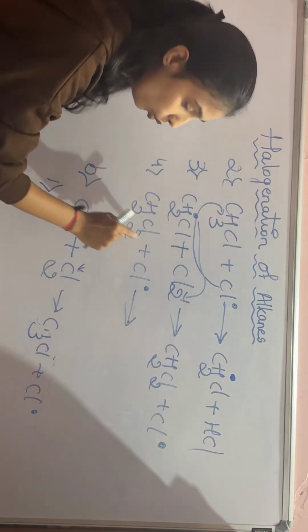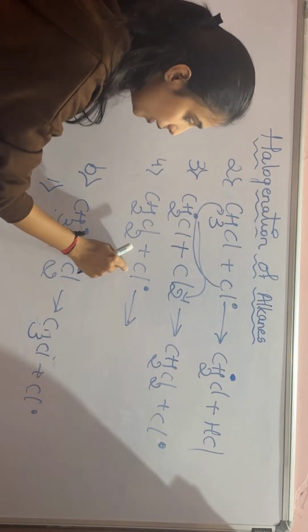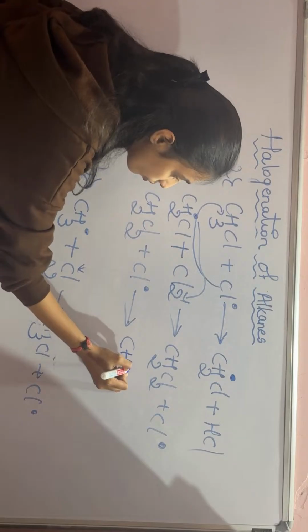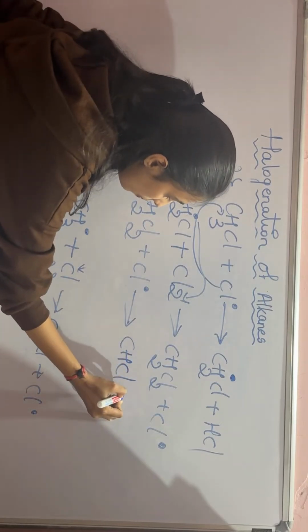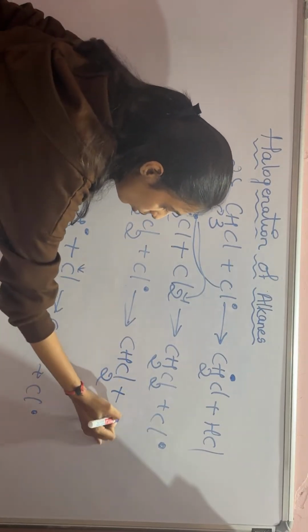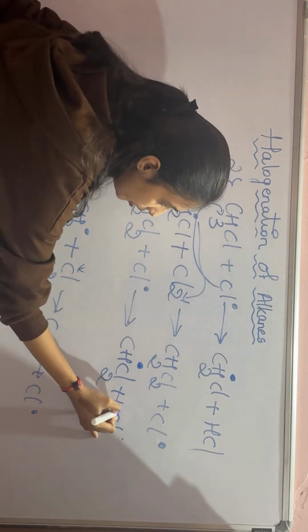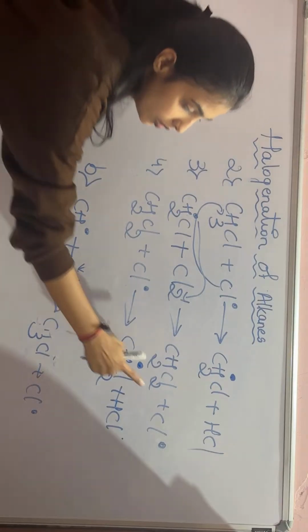Then your CH2Cl2 will react with the Cl free radical, which will give our CHCl2 plus HCl. Now our HCl will be eliminated.